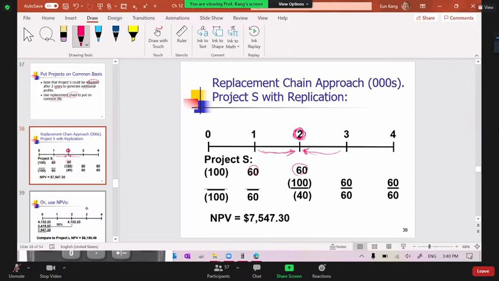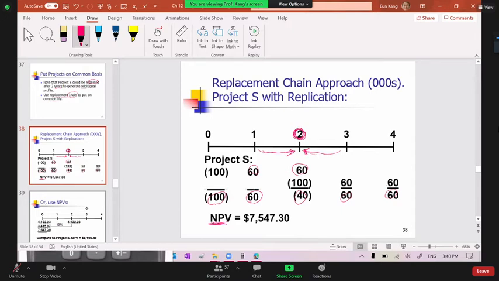Same project again, 100 project S, invest, and then 60. So it's like non-normal project. Negative cash flow, positive cash flow, negative and positive and positive. But net present value calculation, no problem.